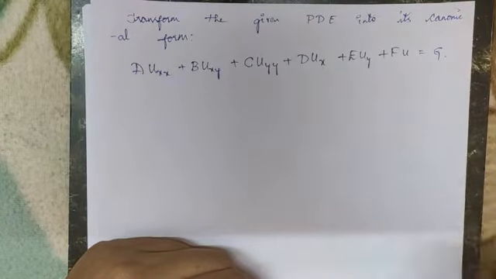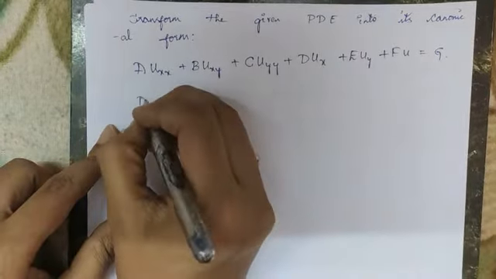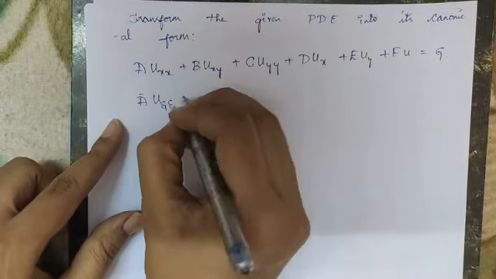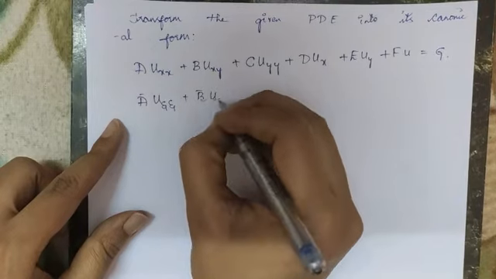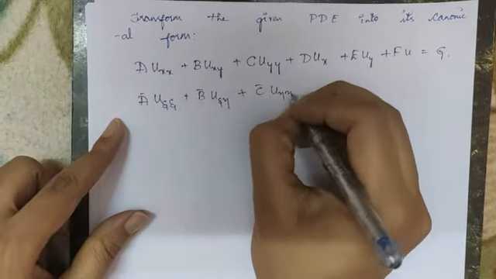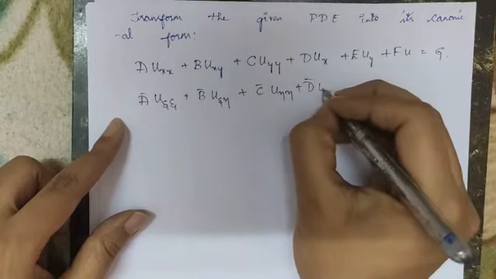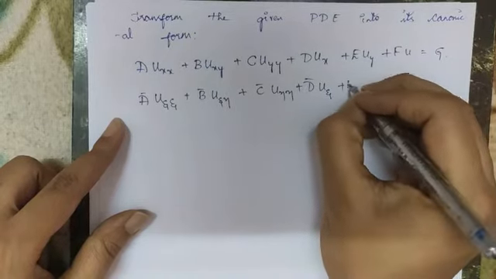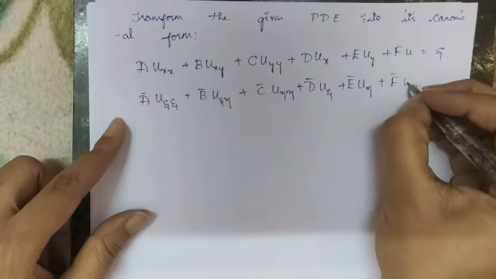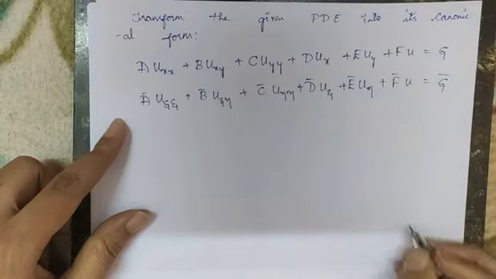For this, the canonical form we obtained was A bar u_xi xi plus B bar u_xi eta plus C bar u_eta eta plus D bar u_xi plus E bar u_eta plus F bar u is equal to G bar.